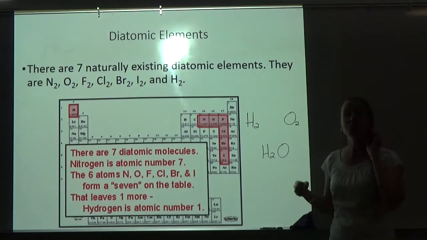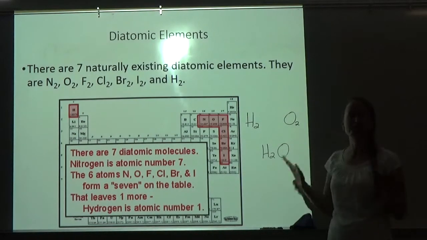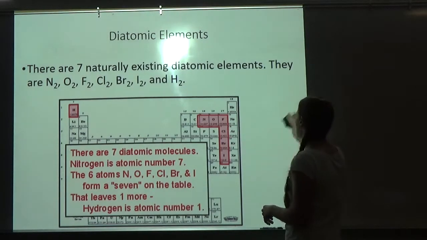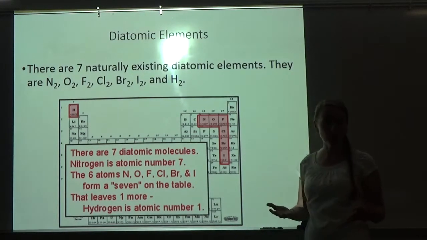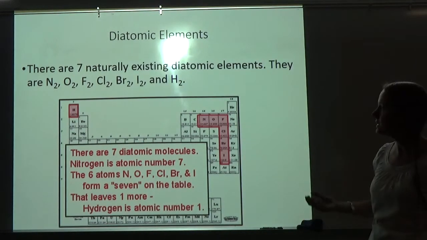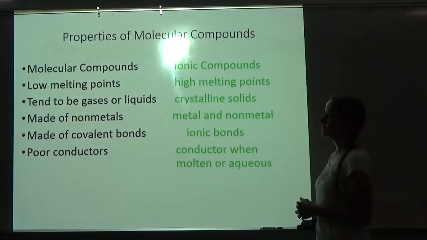At that point it's bonded, and so it forms in whatever ratio is needed to make them all stable. So the 2 happens only when these elements exist alone. Once they bond with something, you have to figure out what the subscripts are by either crossing charges, or if you're doing a molecular compound, by writing the Lewis dot structure.